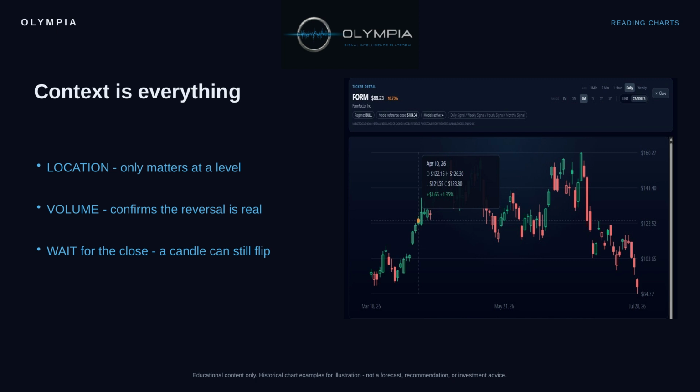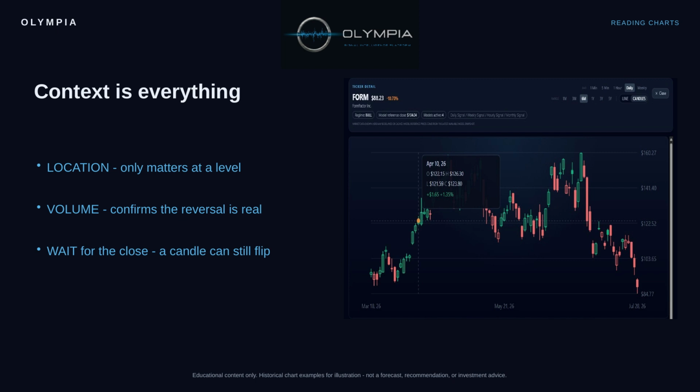And this is the most important slide in the whole lesson. So stay with me. Patterns do not work in a vacuum. 3 rules. Rule 1, location. A hammer in the middle of nowhere is noise. That exact same hammer sitting on a real level like Salesforce at 155 is a signal. Location is everything. Rule number 2, volume.